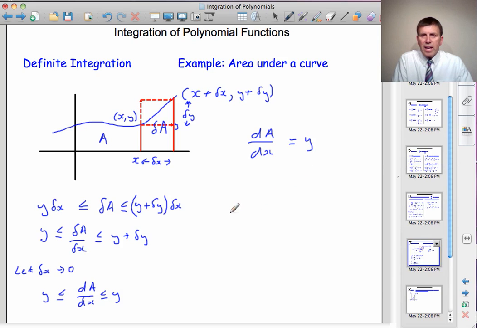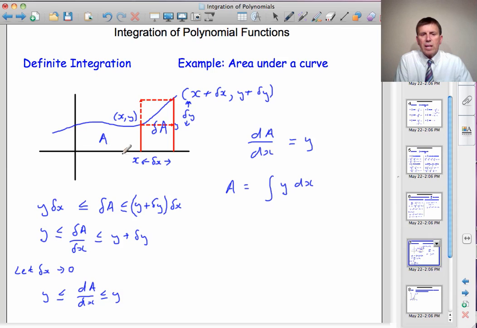Now I can find A if I know dA by dx. The area A will be the integral of dA by dx, so it's the integral of y, but with respect to x. So we need to express y in terms of x. Now that will give me the area up to any particular point, so I could evaluate it, let's say, when x is 2, and I get the area from some arbitrary point over here on the left up to x is 2.